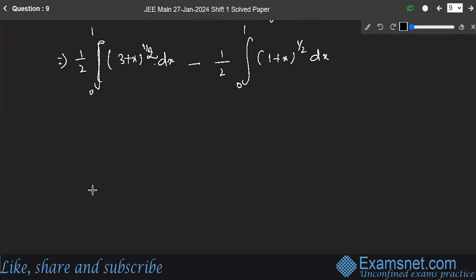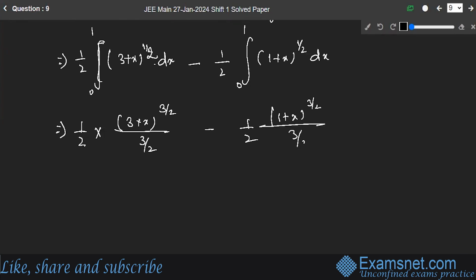So this will give me 1 by 2 into 3 power, this will be plus 1, so raised to power 3 by 2 divided by 3 by 2, minus half (1 plus x) raised to power 3 by 2 divided by 3 by 2. The 2 will cancel. This will be (3 plus x) raised to power 3 by 2 minus (1 plus x) raised to power 3 by 2, divided by 3.